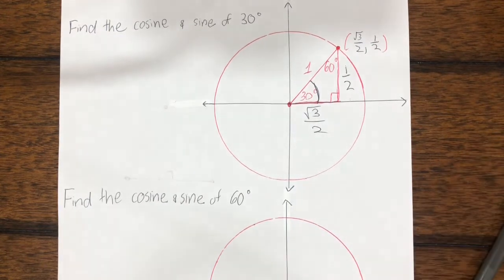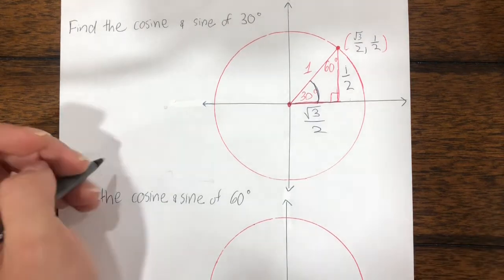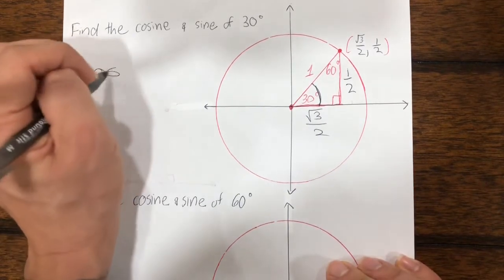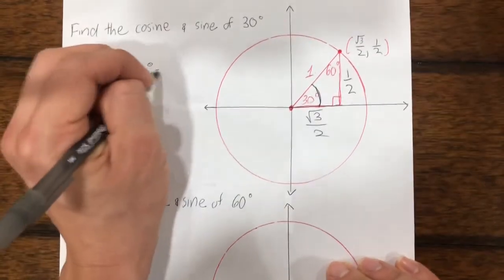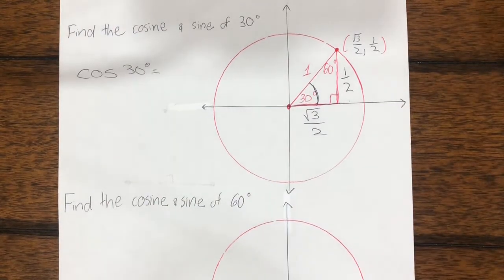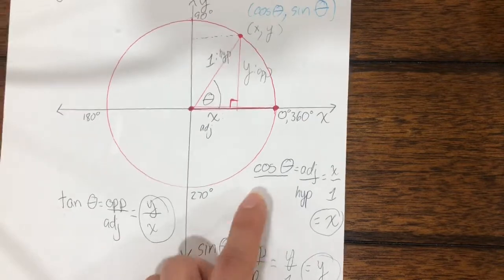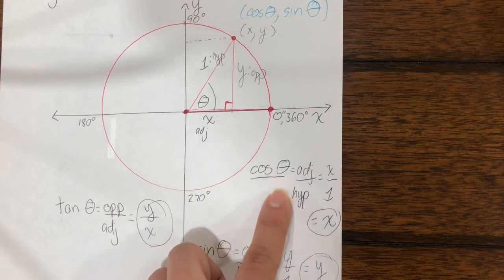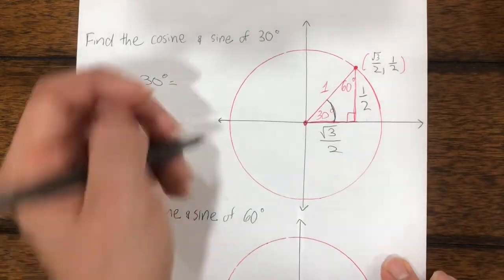So now we can go ahead and find the cosine and sine for 30 degrees, starting with the cosine. All right, so we have cosine of 30 degrees. If we recall, we said that cosine of theta, whatever angle measurement we're working with, in this case 30, equals x, my x coordinate.